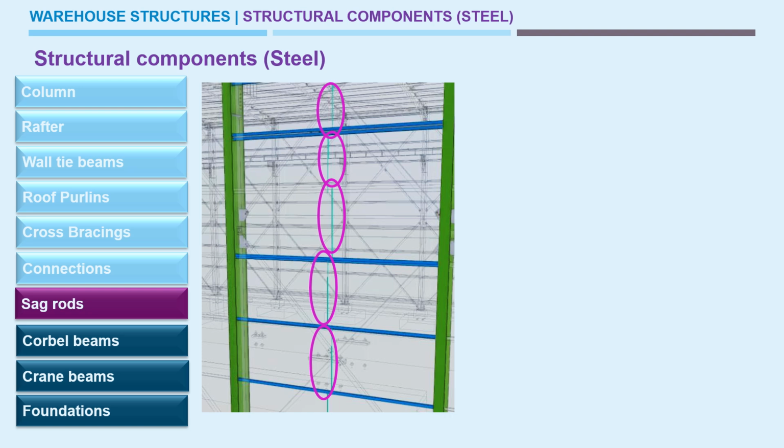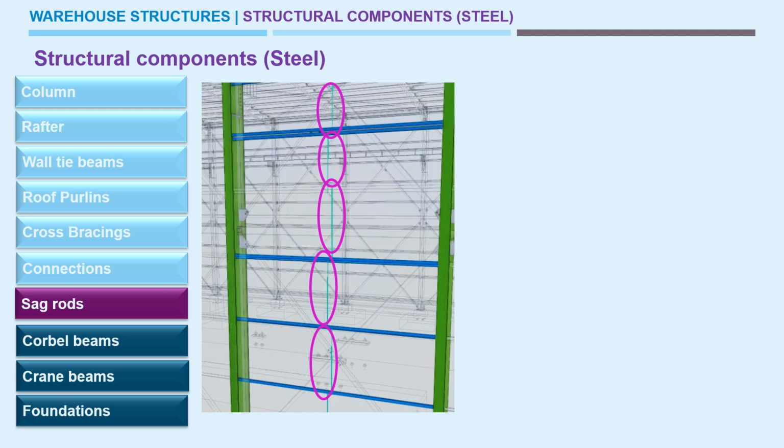These vertical members in cyan color are the sag rods, which are placed in between the span of the wall tie or the roof tie. The main purpose is to reduce the length of the wall tie or the roof purlin. Generally, if the span is going for 5 meter, then we need to provide a sag rod in between the wall tie.